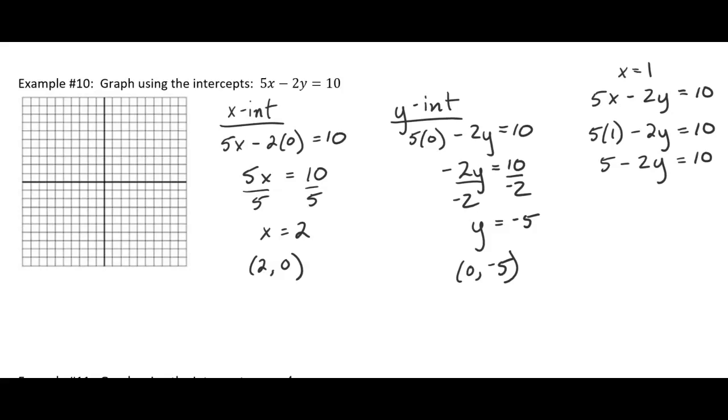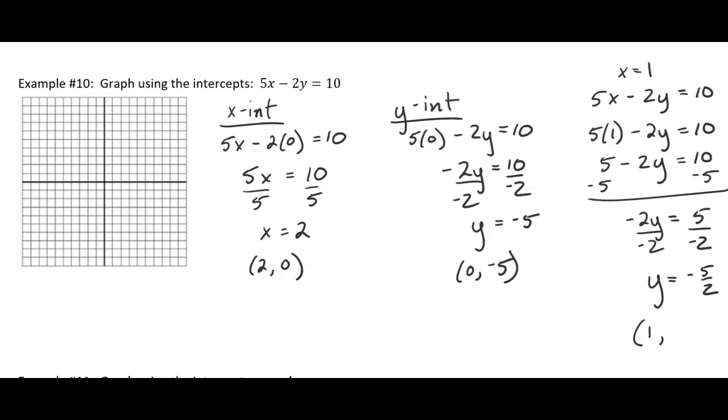Again, I would pick a fairly small number. So I'm going to subtract 5 from both sides. I'm just solving an equation like we did in chapter 2. And then I'm going to have to divide by negative 2. So it didn't work out evenly to an integer, but that's okay. So I have this third point, 1 comma negative 5 halves. It's not too bad of a fraction.